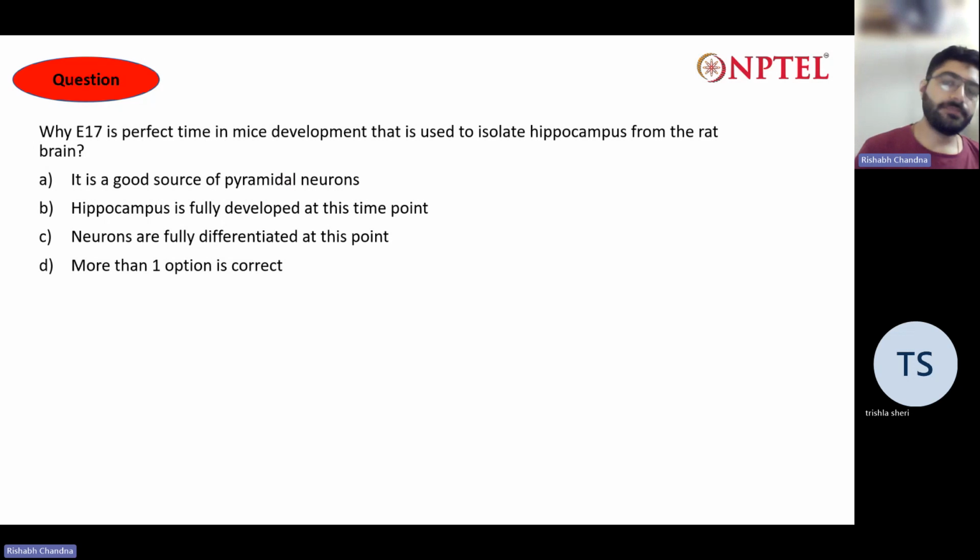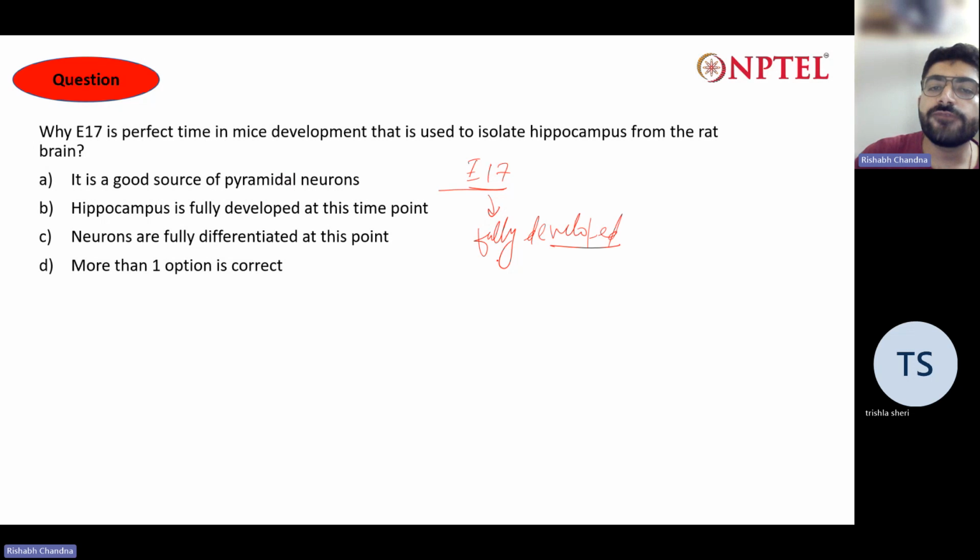So what will happen at E17? What generally happens is, hippocampus is generally a good source of pyramidal neurons. And at E17, it is fully developed inside the brain.